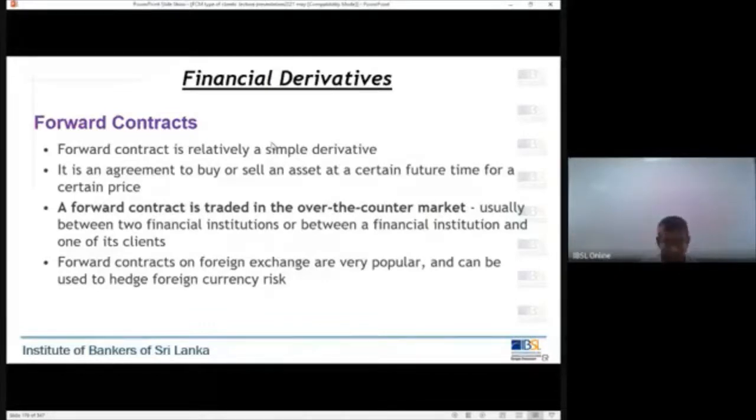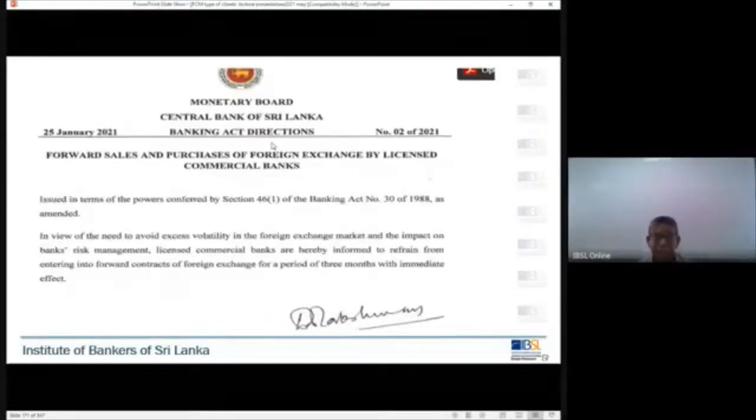Okay. Now, according to the Central Bank of Sri Lanka, you need to know that on 25th January this year, they sent a circular to the commercial banks in Sri Lanka, on forward sales and purchases of foreign exchange by licensed commercial banks. Now you note that according to the Banking Act 46.1, so don't worry. But the only thing is that, temporarily, the central bank suspended forward contracts with customers for certain reasons, because, they said, in view of the need to avoid excess volatility in the foreign exchange.